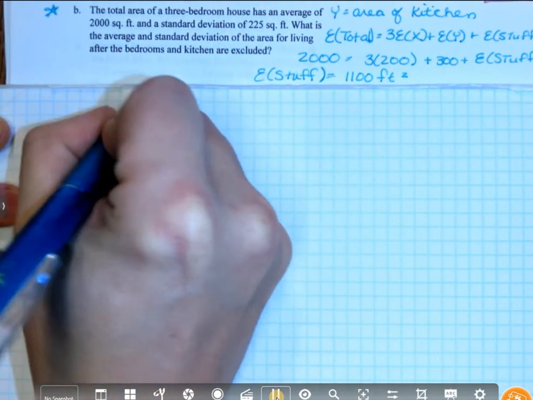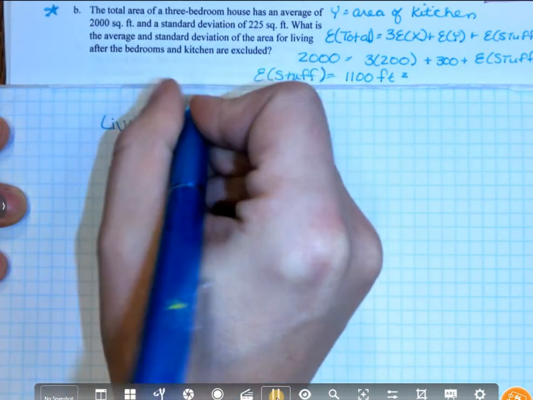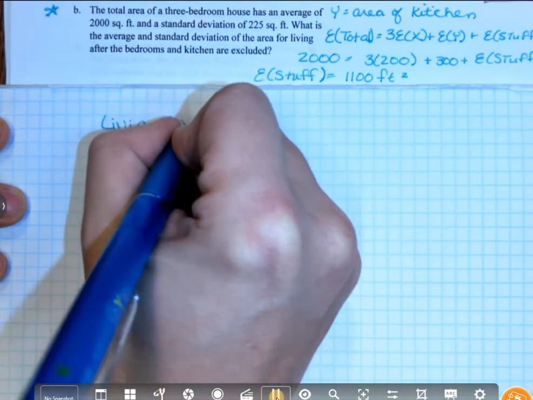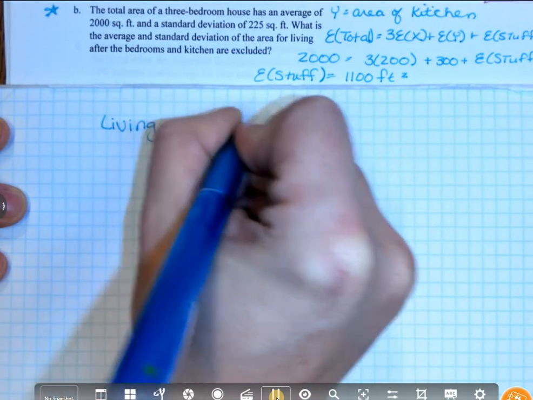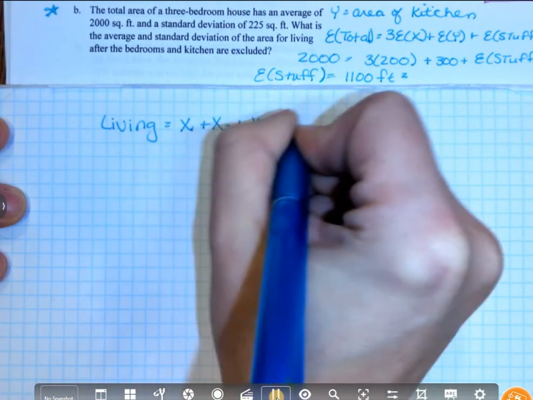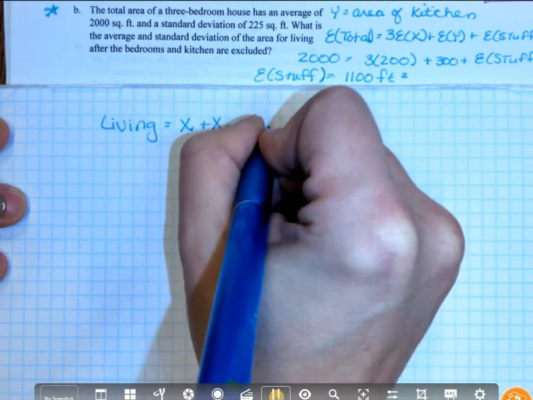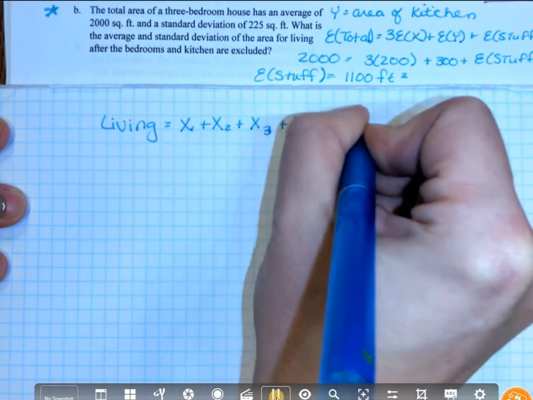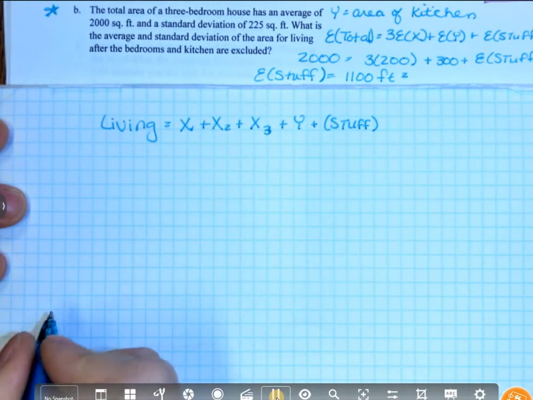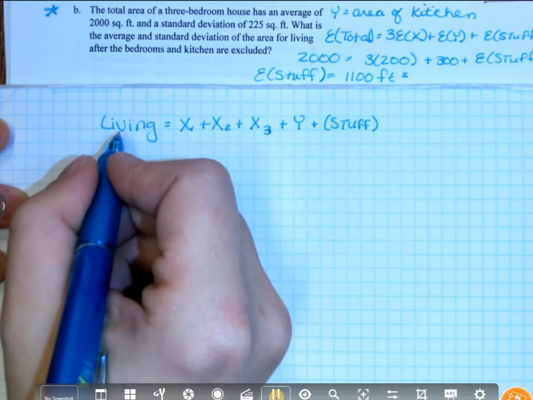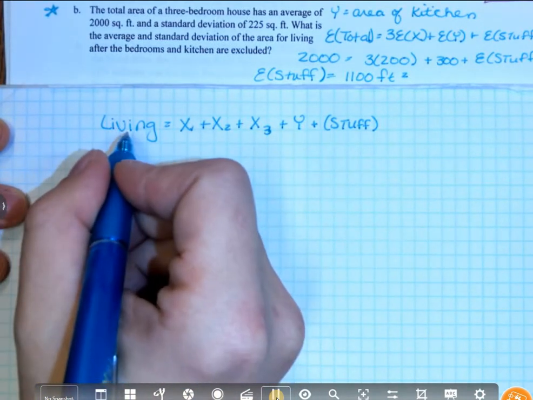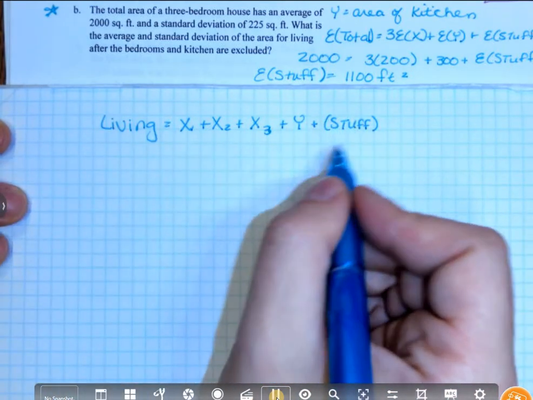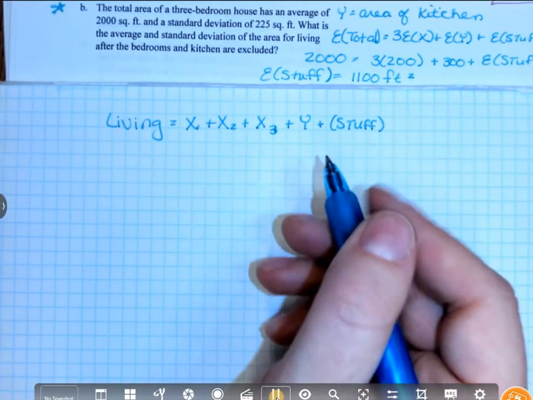So we know that the living area is made up of 3 bedrooms, a kitchen, and some other stuff. What I'm trying to do is figure out what that stuff is going to be for the standard deviation.